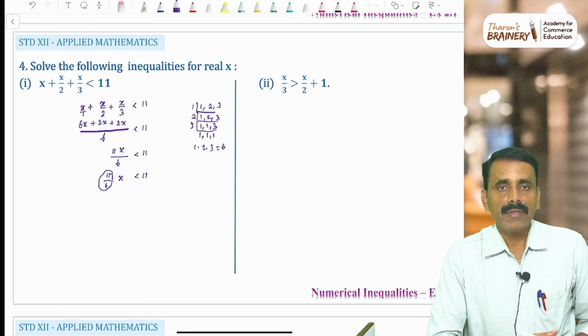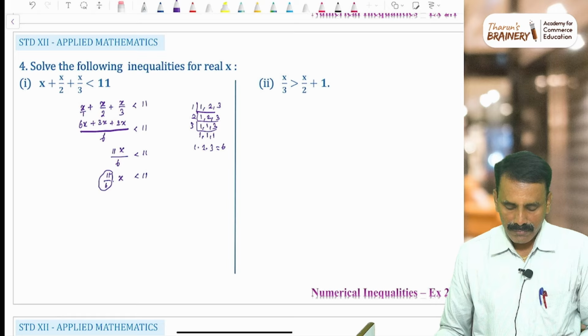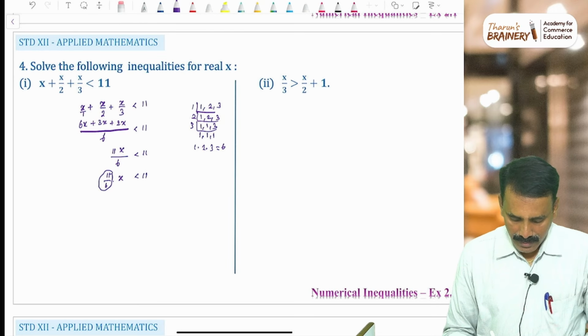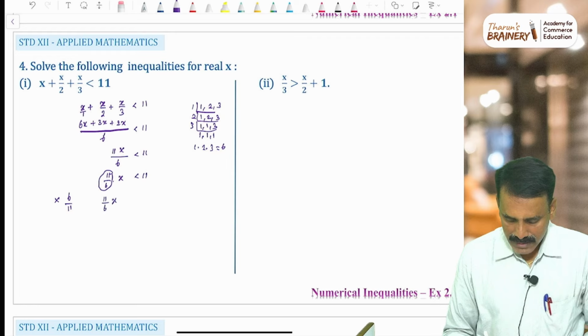Yes, I multiply by the multiplicative inverse of 11 by 6. What is the multiplicative inverse of 11 by 6? It is nothing but 6 by 11. Good. So, 11 by 6 x multiplied with 6 by 11 less than 11 into 6 by 11.